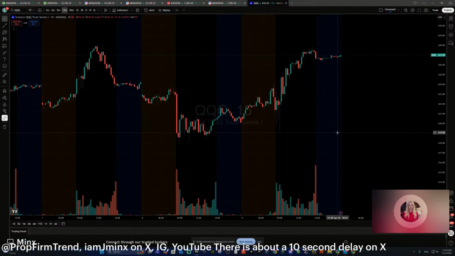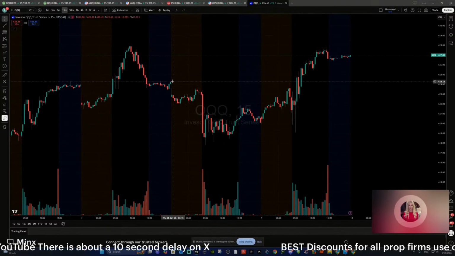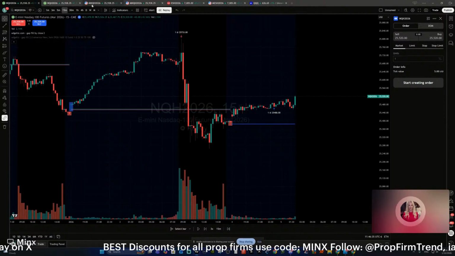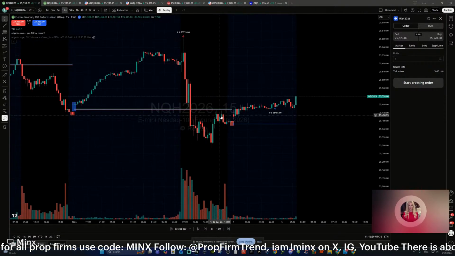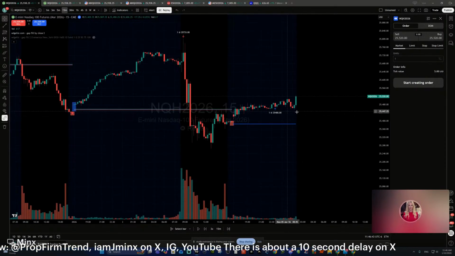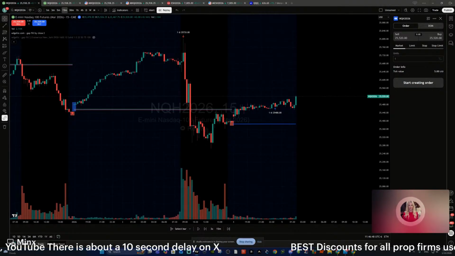I think the learning curve is not really that bad. If you just go to TradingView and do what I just did, pull up NQ, pull up MNQ, and just play around with it, you're going to see how it moves. But yes, you definitely want to try it on a sim account.